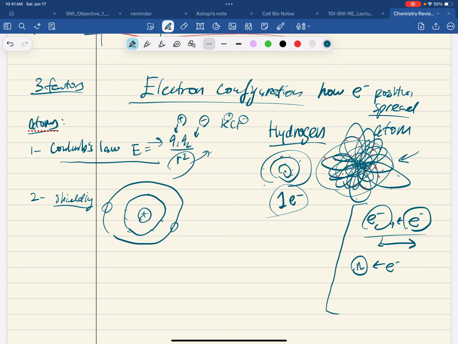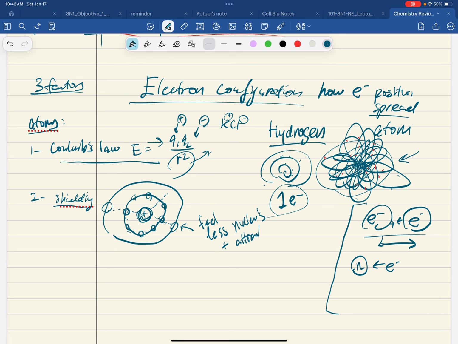If there are electrons in the central orbit, they will sort of absorb, take away, or shield the positive attraction that these outer electrons will feel. Because of the electrons in the center that block the positive attraction, the outer layers will feel less of the nucleus's positive attraction.